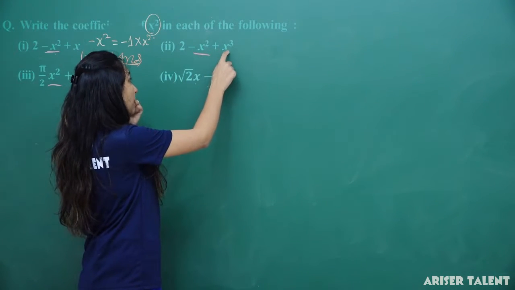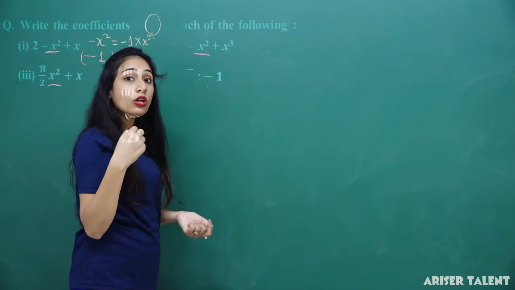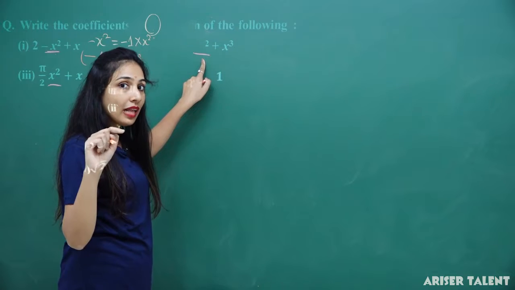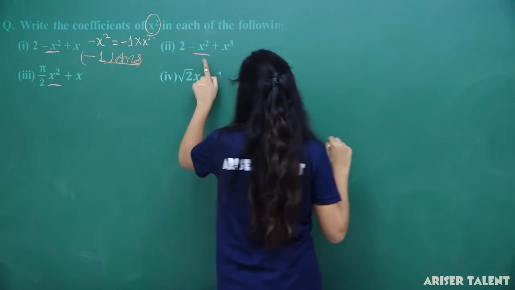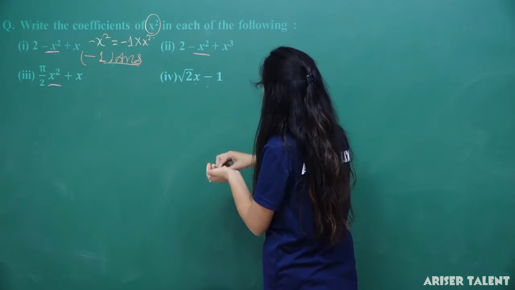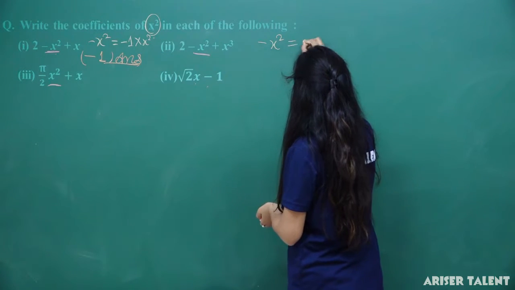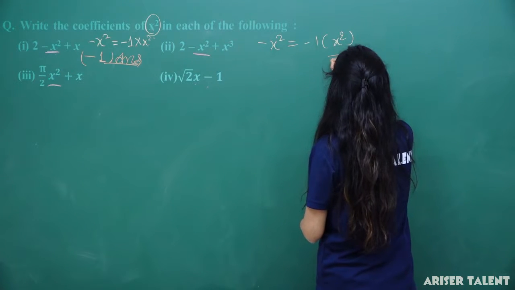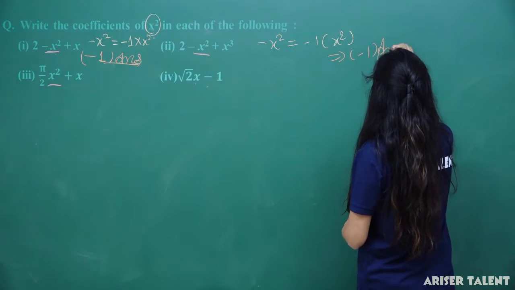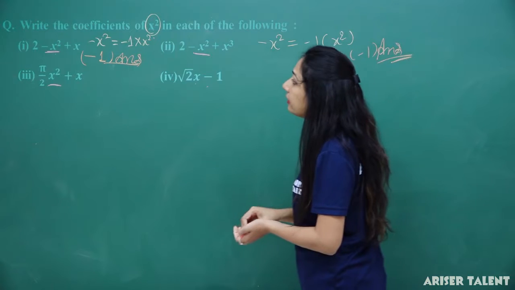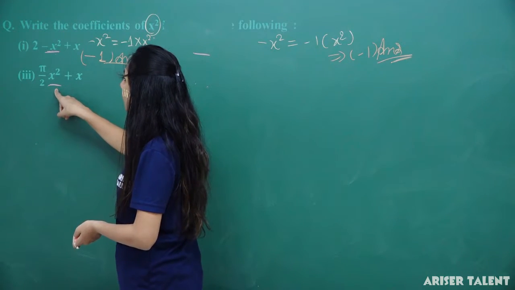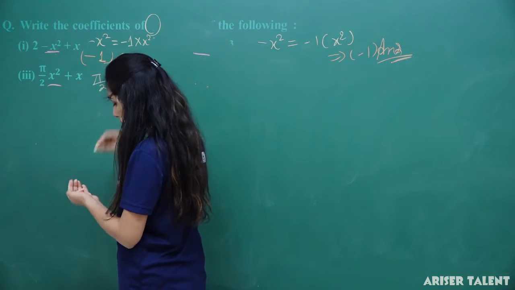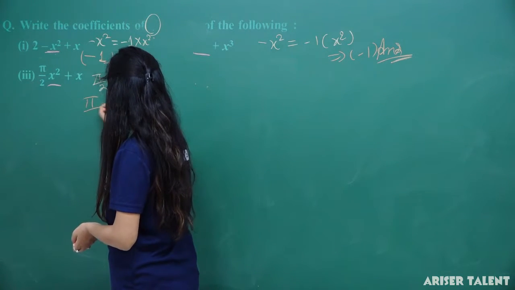Here again I am having x cube also, but I have only been asked about the coefficient of x square, so I will concentrate on that only. Minus x square will be equal to minus 1 multiplied by x square. So simply minus 1 is our answer here also. And number third, I am having x square here and this is pi by 2. So pi by 2 multiplied by x square. That means simply pi by 2 is my answer.